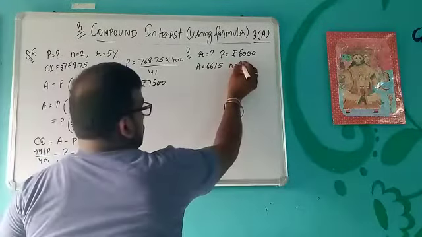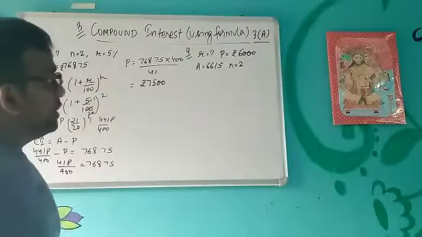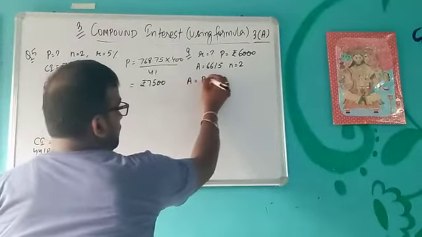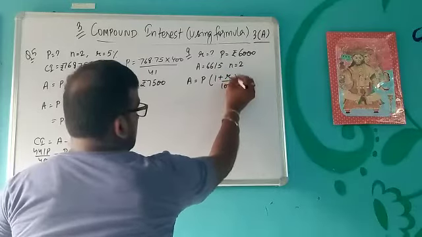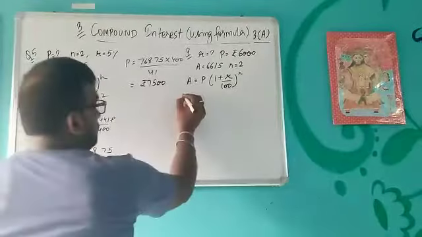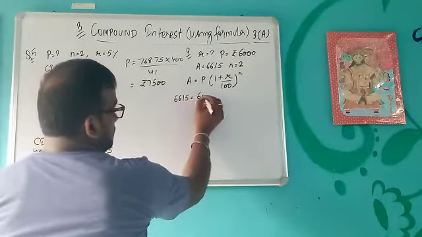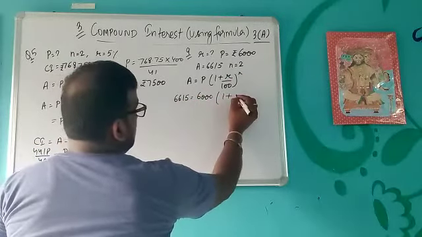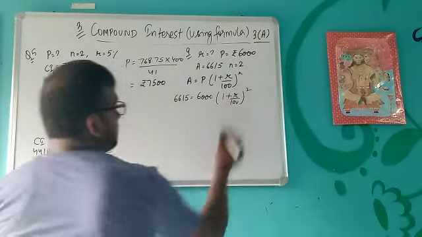N is equal to 2 years, when the compound interest is annual. So again the formula that we are going to use is this one. Next we will substitute the values. Amount is 6615, this is 6000 into (1 + R/100), and this is squared.